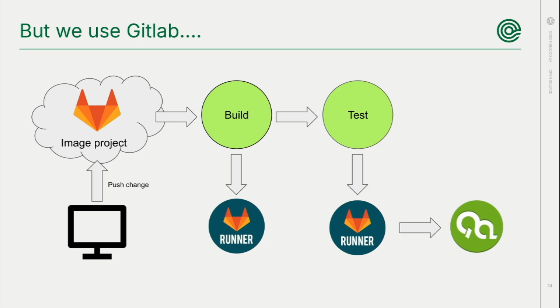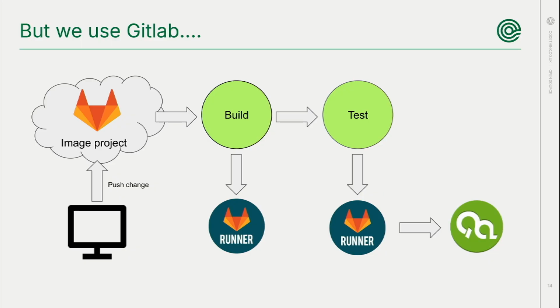But for our GitLab use cases, we have a project, we're building a system image, and it's a GitLab project. We push a change to it. We do the build, so we generate that image. This goes on a GitLab runner. We then want to test that image, so we pass that image to the test stage. That also goes in the GitLab runner.